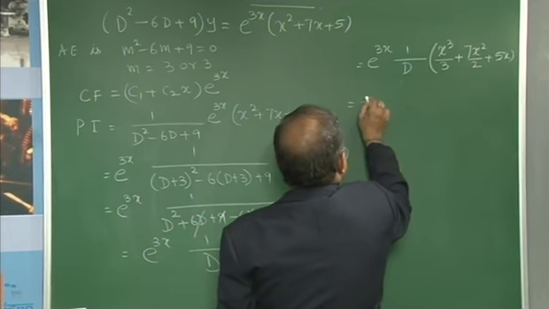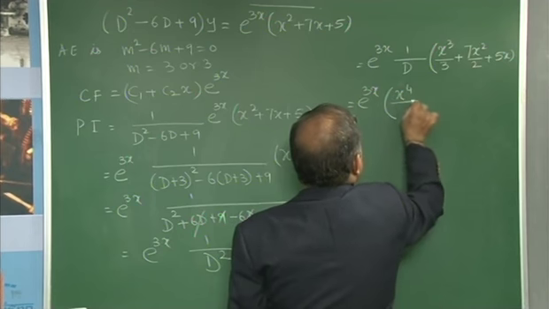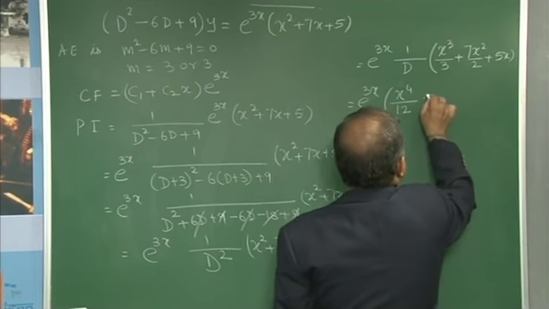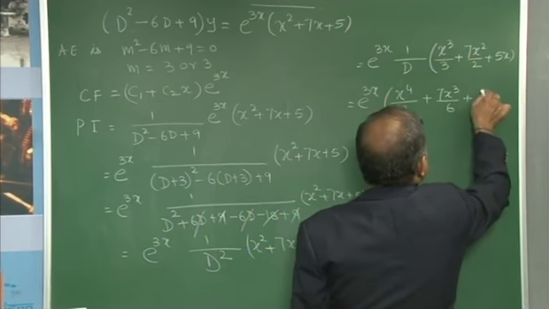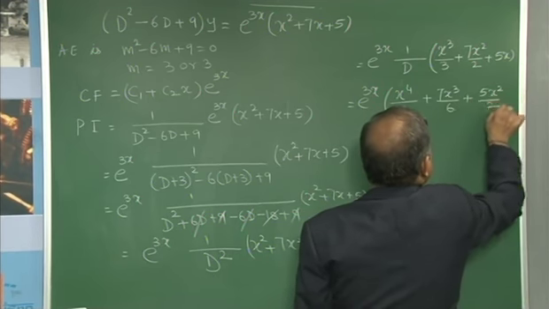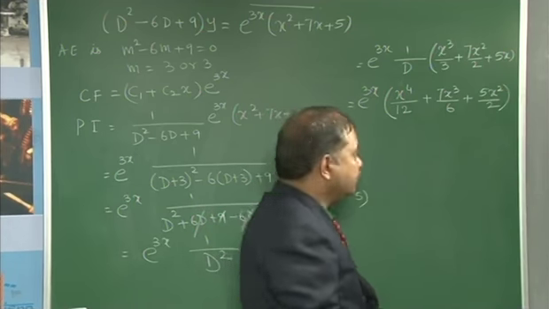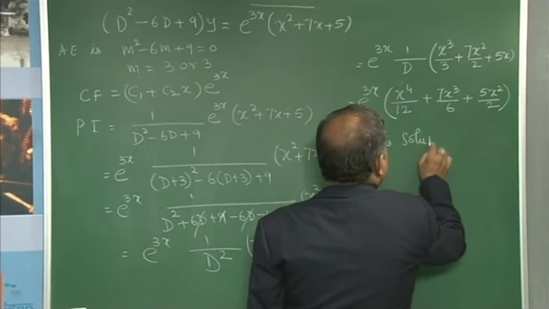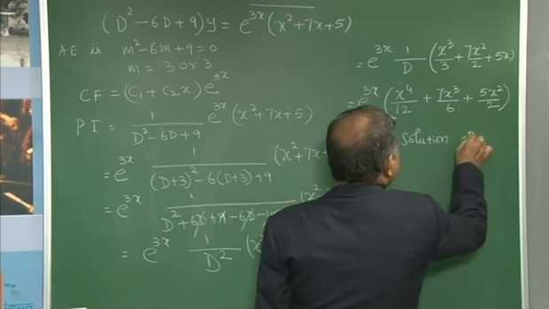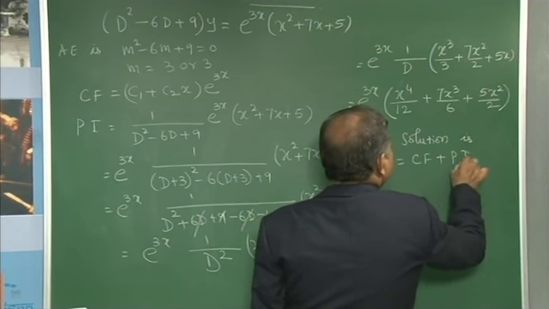One more integration: x power 4 by 12 plus 7x cube by 6 plus 5x squared by 2. That is my particular integral. So, the solution is... don't forget to write the solutions, because in the examinations each and every step carries marks.